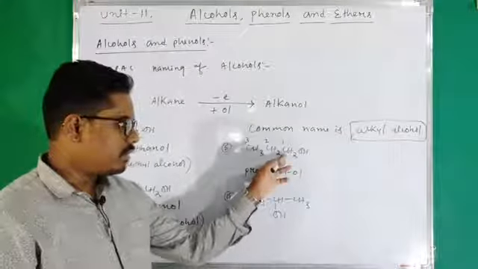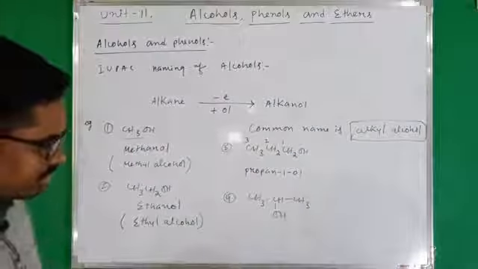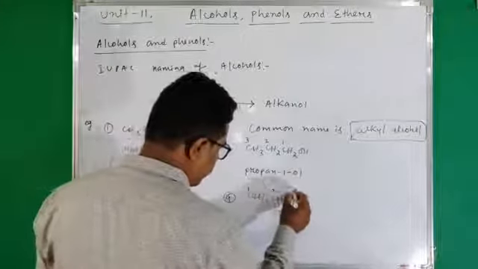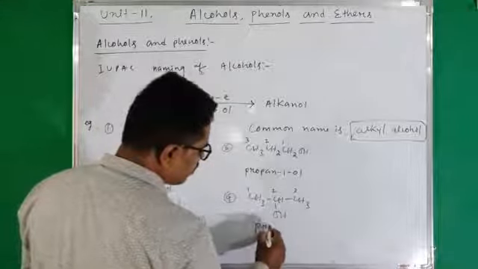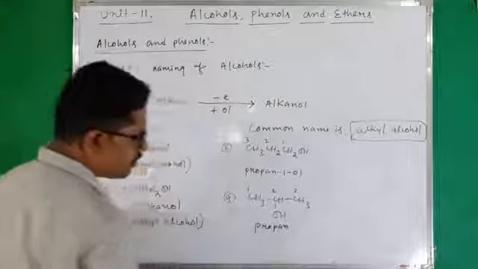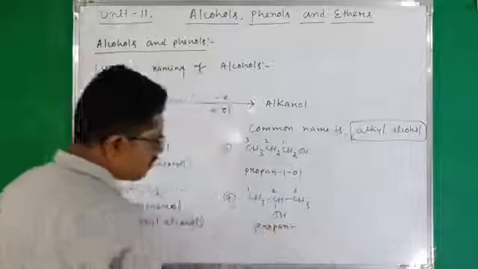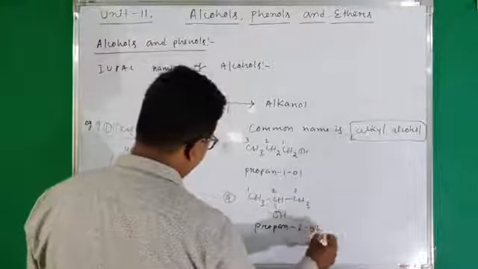The position of OH is 1, therefore propan-1-ol. Similarly, in this compound, 3 carbon atoms are present, therefore propane. After that, the position of OH is 2, therefore propan-2-ol.